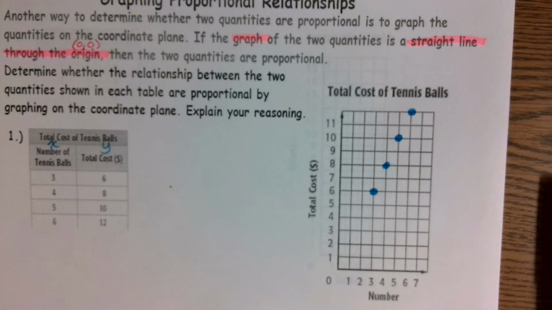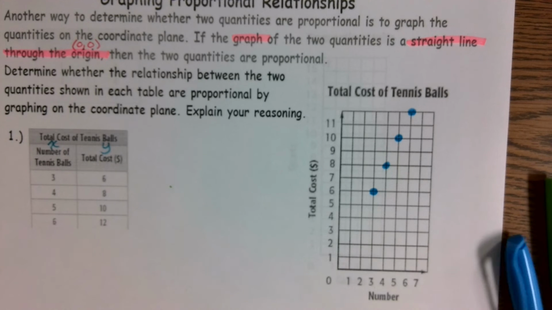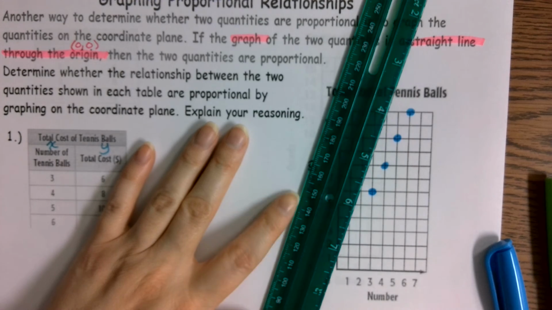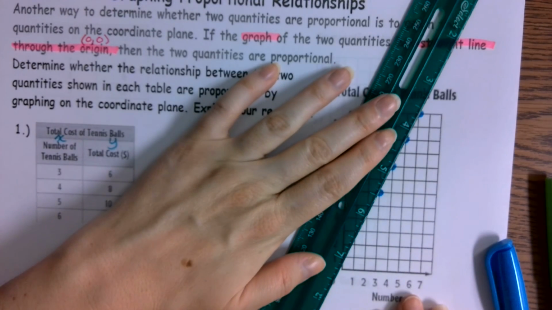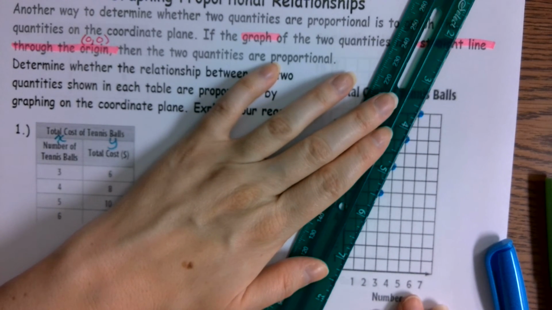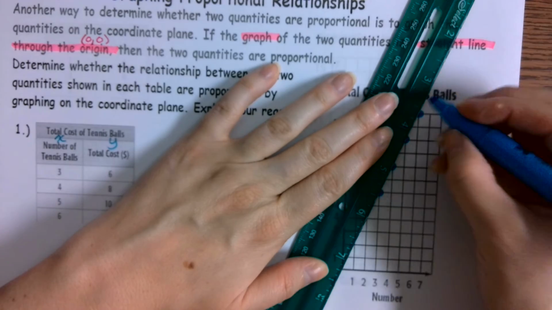And I want to know if that's going to be a proportional relationship. So in order to check that, if it has to be a straight line, I need a straight edge, which means a ruler is going to be necessary. And I'm going to connect the points and see if I can connect it through the origin.